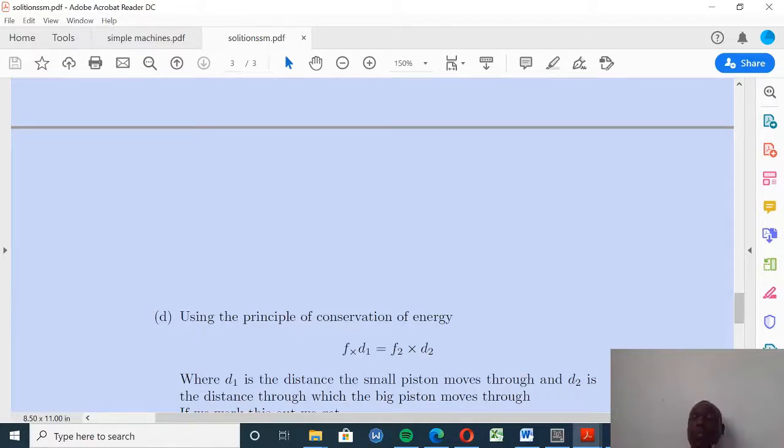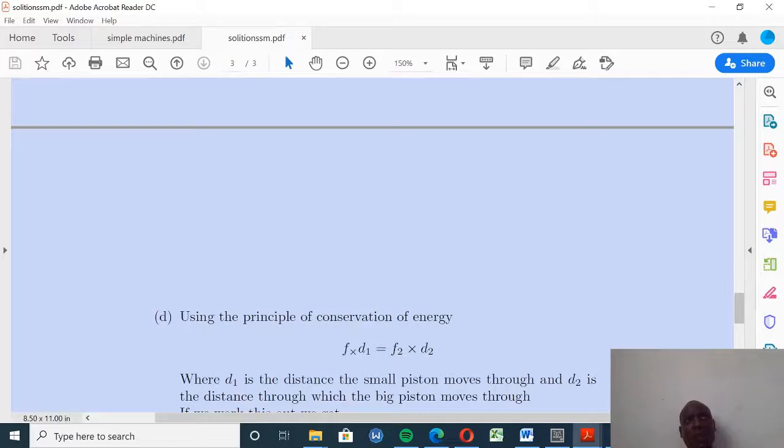Here we use the principle of conservation of energy, or conservation of work, meaning that the effort multiplied by the distance through which the effort moves is the same as the load times the distance through which the load moves.